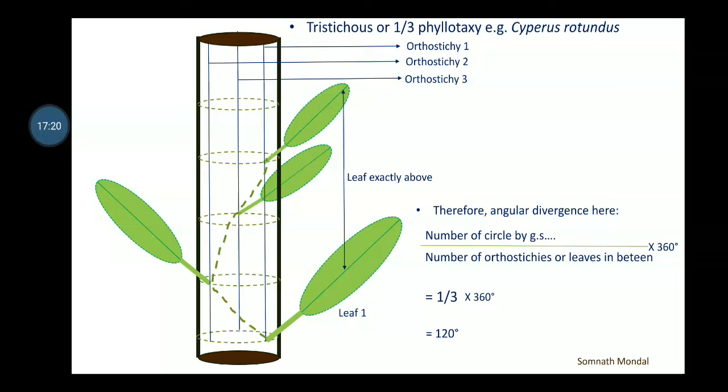So on, we can calculate the tristichous, pentastichous, octastichous, all these different types of phyllotaxies. For example, in Hibiscus rosa-sinensis, pentastichous or 2/5 phyllotaxy is found. So the genetic spiral has to cover 2 full circles to get to the leaf just above the first leaf, where we are starting the count, and there will be 5 orthostiches in between, or 5 leaves in between.